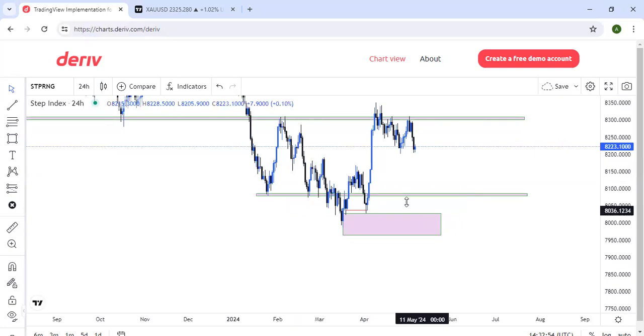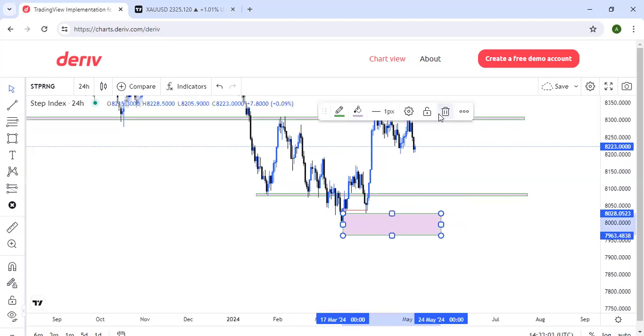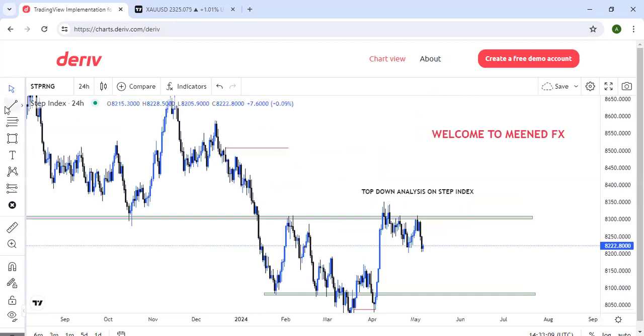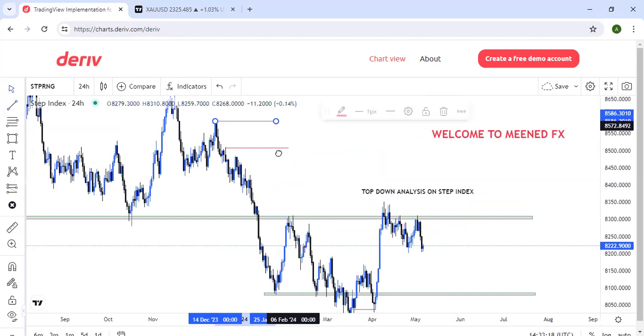Whatever confirmation reasons you want, when price comes around this zone, you should try as much as possible to look for a buy confirmation so you can buy up until price clears all this internal liquidity. We are still very much in a good buy idea, so we are still looking for a buy idea.